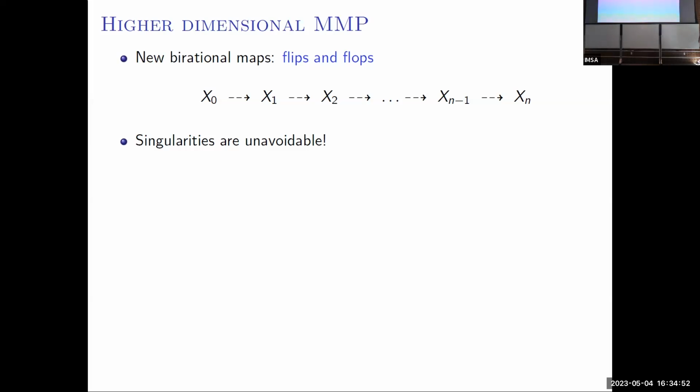And so here there is a very delicate balance that you have to find. What is the class of singularities that are mild enough so that your theorems are still valid and they are flexible enough to let the minimal model program run?